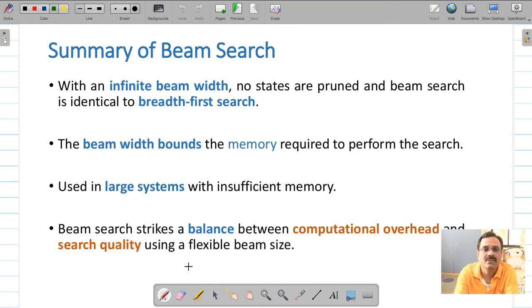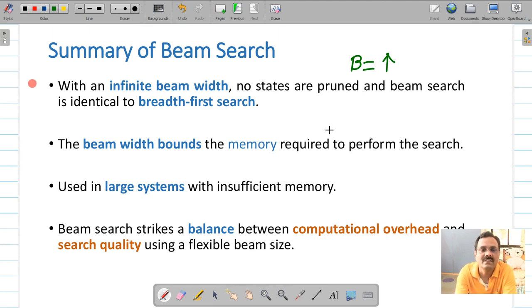Let us summarize what we have discussed. From the functioning of beam search, you find that if you increase this beam width, suppose this beta, beam width, is a large number, then your algorithm is as good as breadth first search algorithm. So basically this beam search algorithm is a combination of best first search and breadth first search.